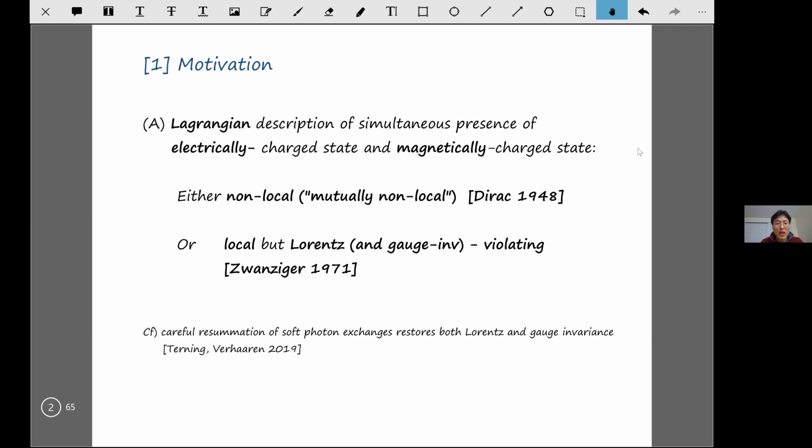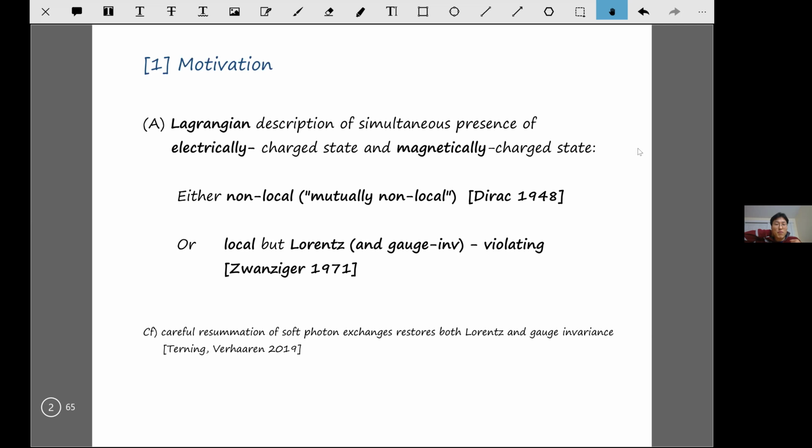Then we have learned from important works that a Lagrangian description of the simultaneous presence of both electrically and magnetically charged particles is very challenging. For example, Dirac argued that if we want a Lagrangian description of both electrically and magnetically charged particles, you have to have some sort of nonlocality in the description. This is often called mutually non-local.